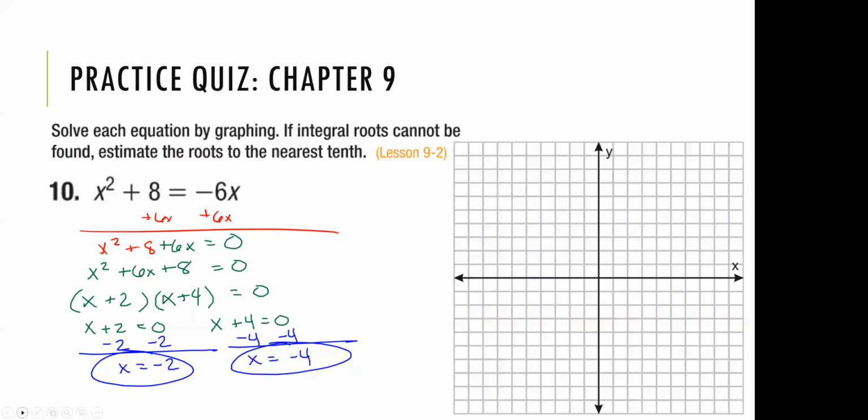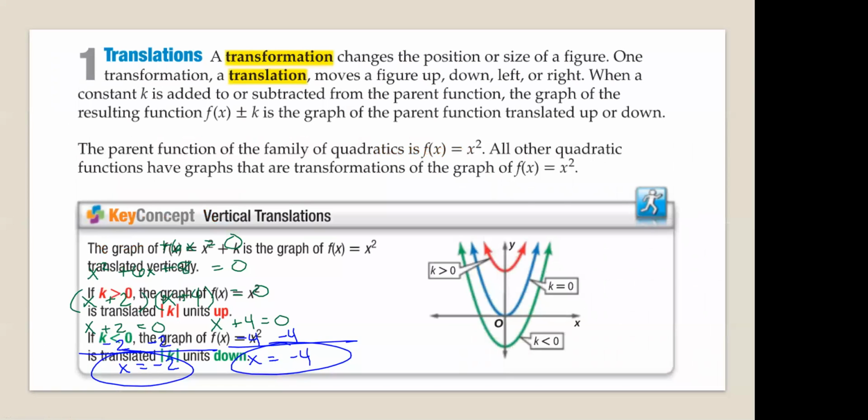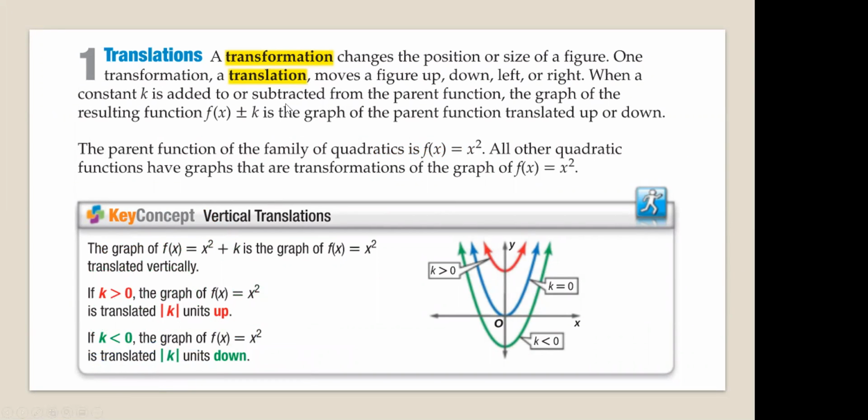All right. And then here it talks about how a transformation changes the position or size of a figure. One transformation, or translation, moves the figure up or down or left or right. When the constant k is added or subtracted from the parent function, the graph of the resulting function plus or minus k is the graph of the parent function translated up or down.